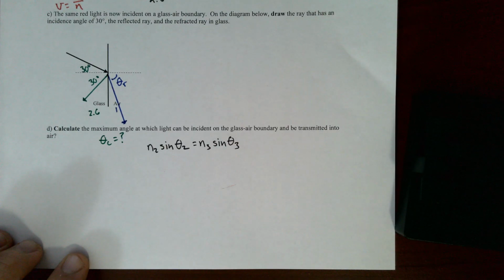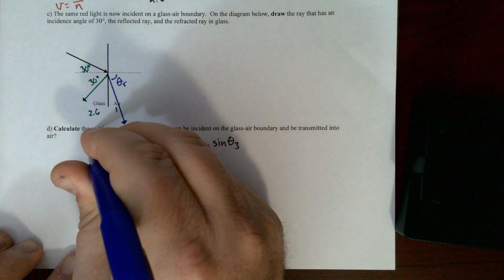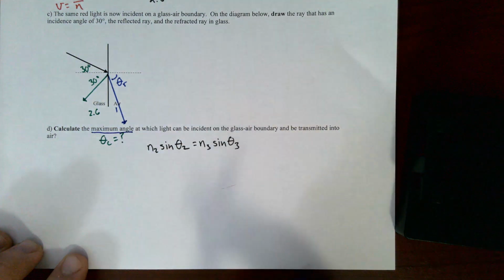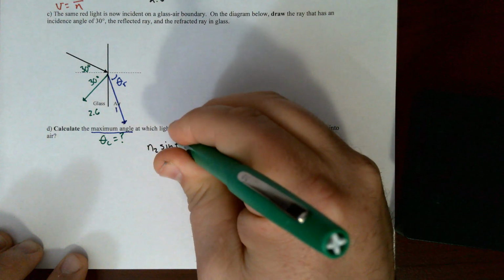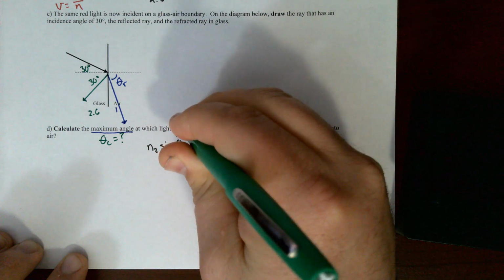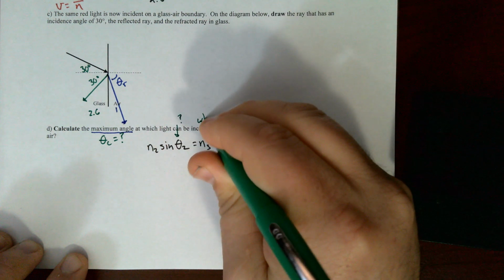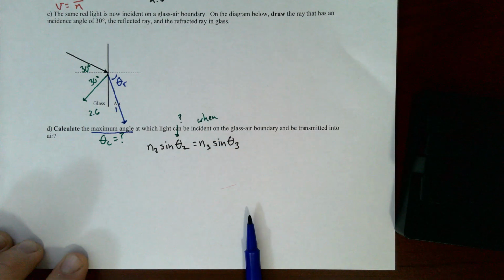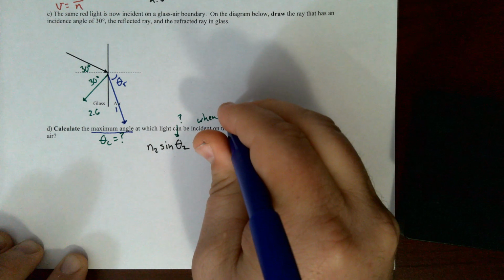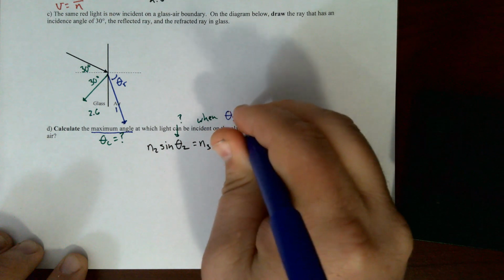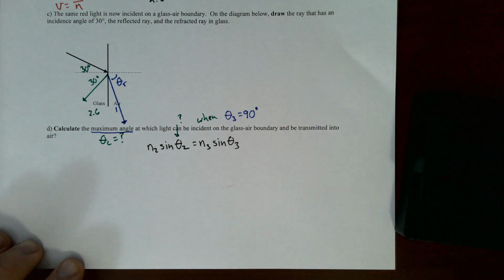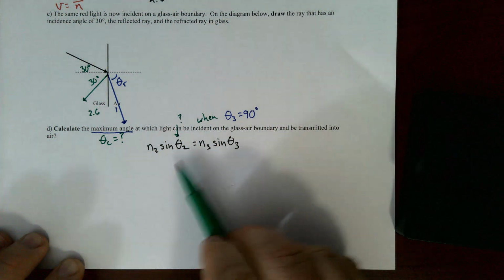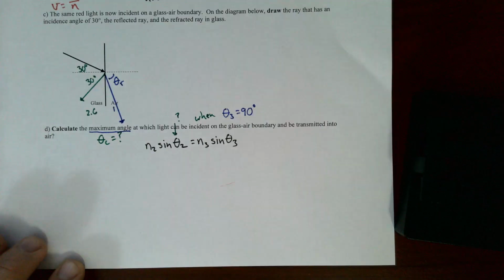Okay, so the thing to remember when we're talking about the critical angle is we are looking for this angle, the incident angle, when the refraction angle is 90 degrees. So solving for theta 2 when theta 3 is 90 degrees.